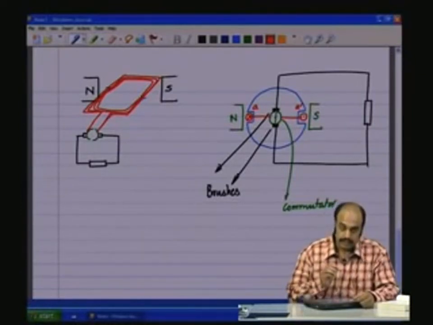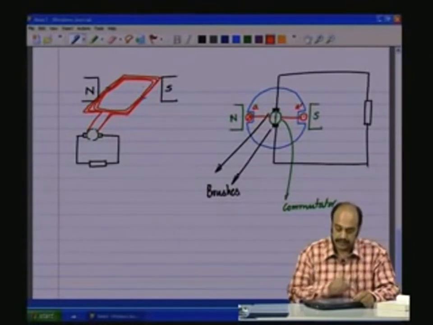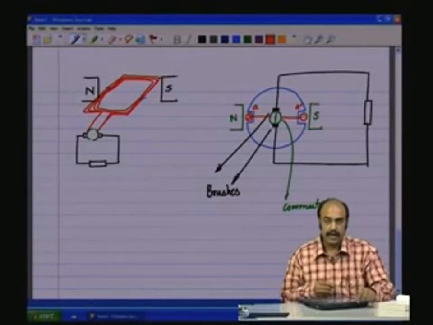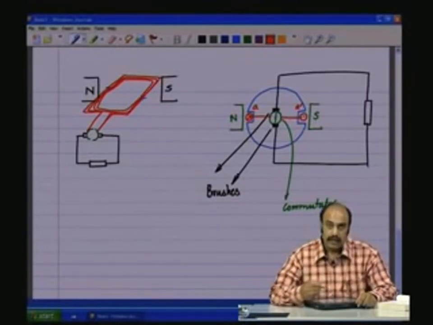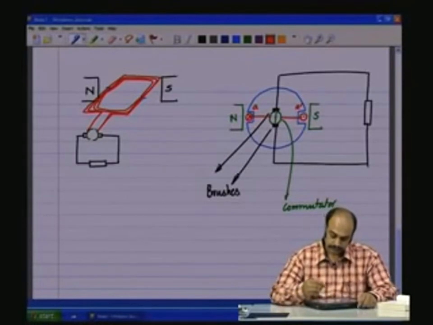So, keep that in mind. This is one coil with one set of conductors at opposite ends of the diameter of the core, diametrically opposite ends of the core.